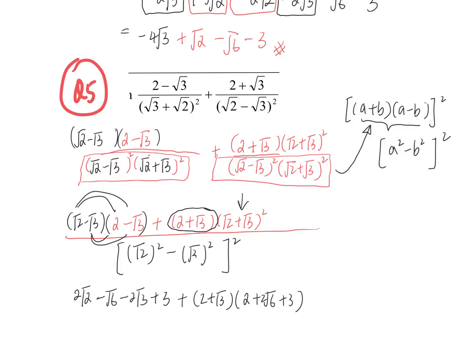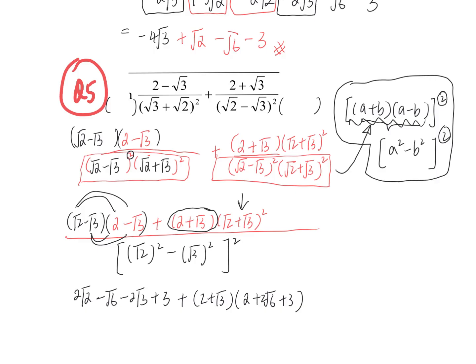Which one? I make them have the same denominator. Oh no, this one is like that. Can you see that if you ignore the square, there are a plus b, a minus b, but you square the whole thing. So if you don't look at the square first, you just focus on the inside.